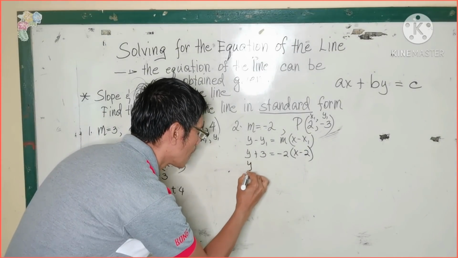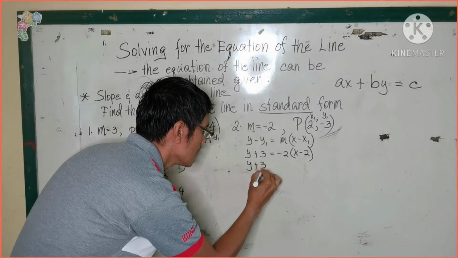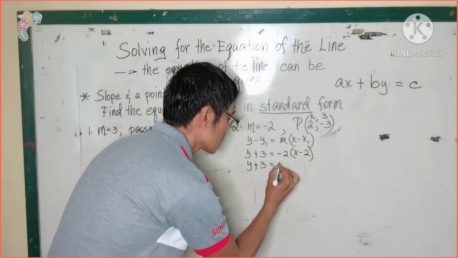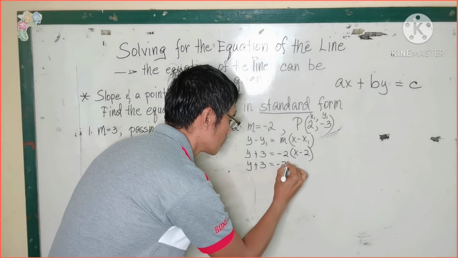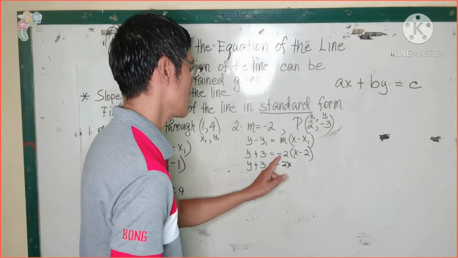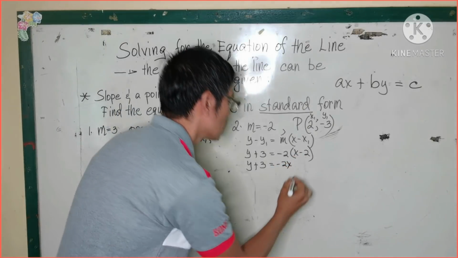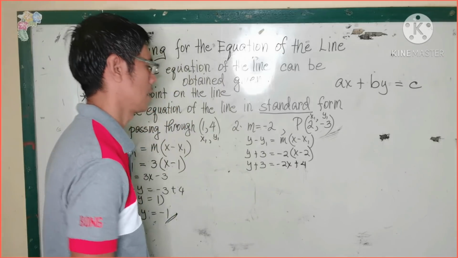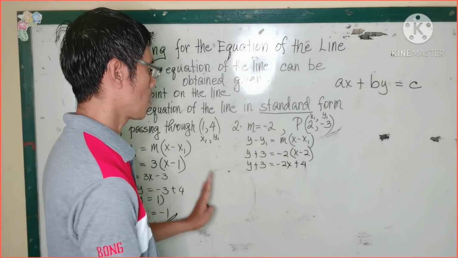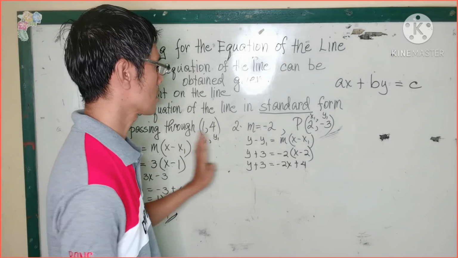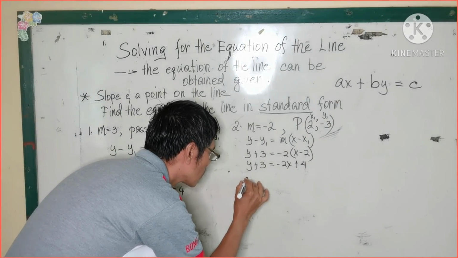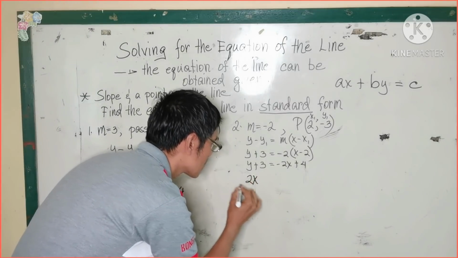Simplifying, we have y plus 3 equals negative 2 times x, negative 2x. Then negative 2 times negative 2, positive 4. Then transposing your negative 2x to the left side, it will become 2x.